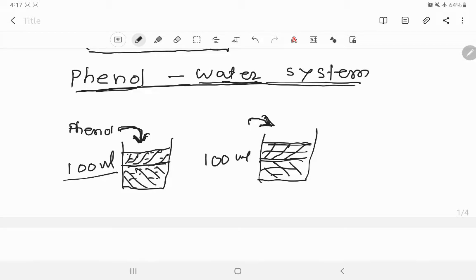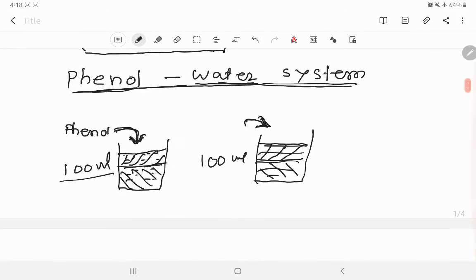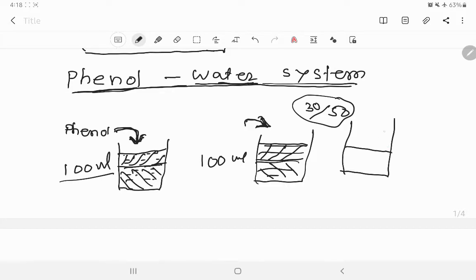Okay. Now, if we take a certain amount of phenol and water, suppose 30 ml of phenol and 50 ml of water, whatever may be, any mixture, and if we shake it, there is a formation of two layers. One layer is the solution of phenol in water, the other layer is a solution of water in phenol.